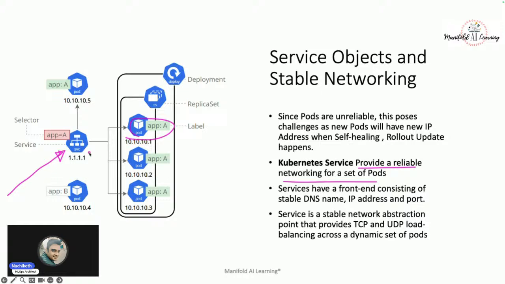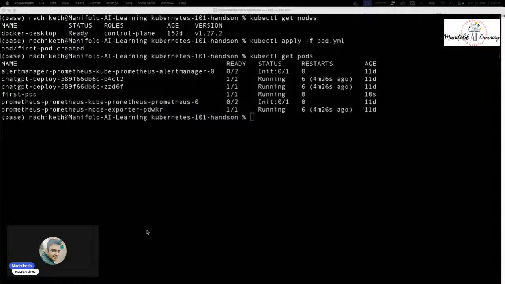If I have multiple pods running the same application, this acts as a kind of load balancer for us, which redirects the request to the required pod. That's the overall idea and the importance of the Kubernetes service object.